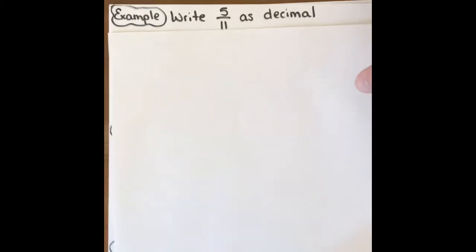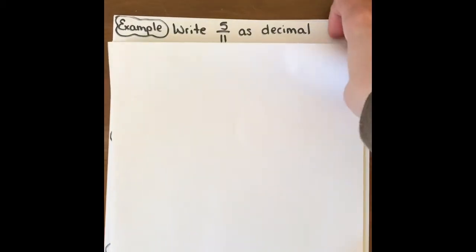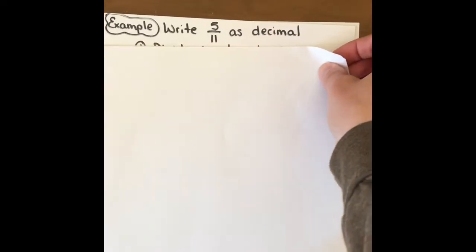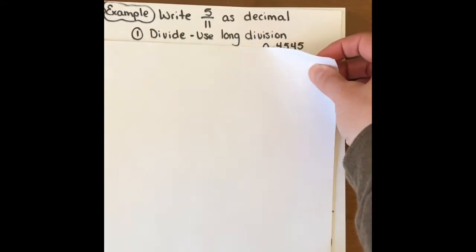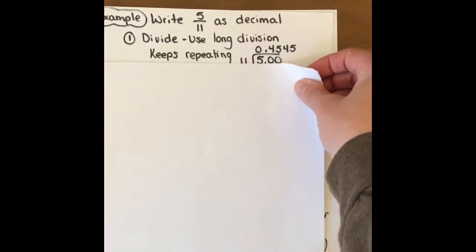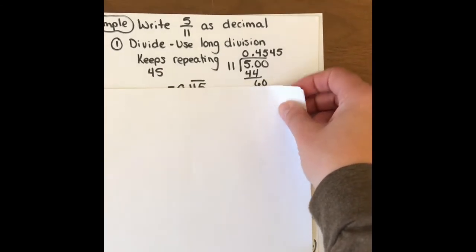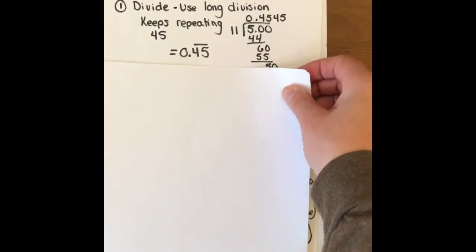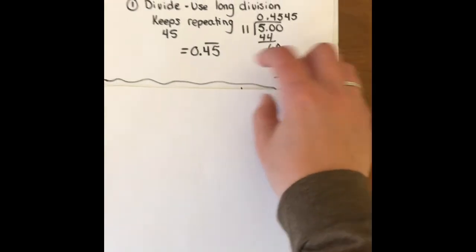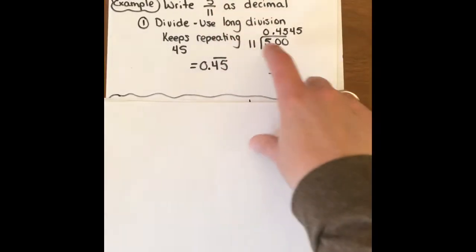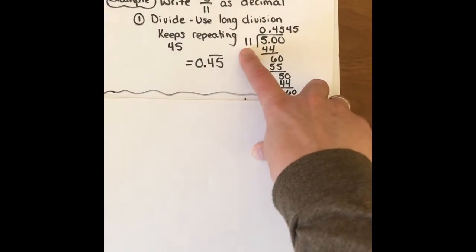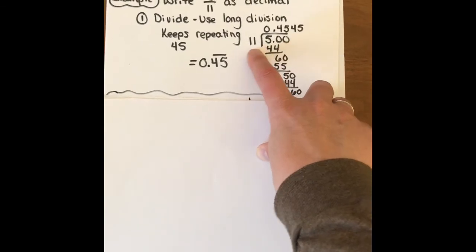Another example, write 5/11 as a decimal. So you're going to divide using long division. I've shown you how that works out here. So your top number is being divided by your bottom number. So I have 5.00 divided by 11.